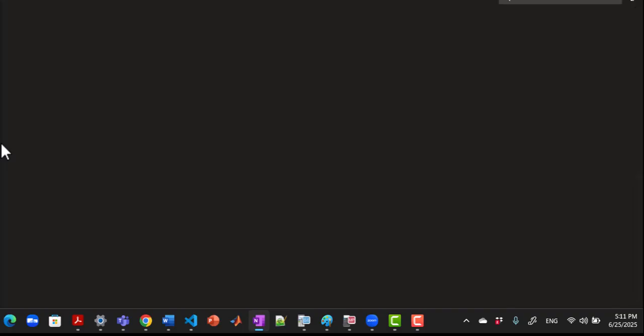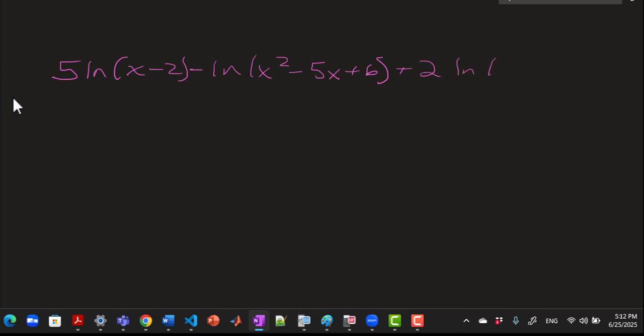So I've got, say, something like 5 log x minus 2 minus the natural log of x squared minus 5x plus 6, and then plus 2 times the log of x minus 3. And I want to try to combine this.